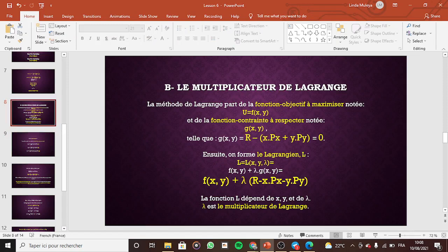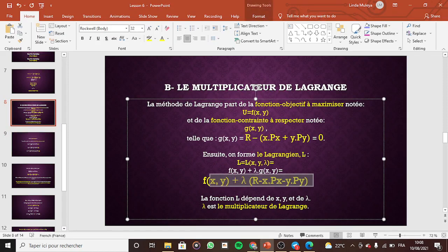At the end of the day, it's not necessarily this formula that you use, but rather you'll be differentiating this formula to find what you need. So yes, it can end on f of x and y because the remaining part is equal to 0, but you need this form to differentiate and find the value of y, the value of x, and the value of Lagrange at the end of everything. So it's more like a pathway to finding the values of x, y and Lagrange. It's not the final thing.